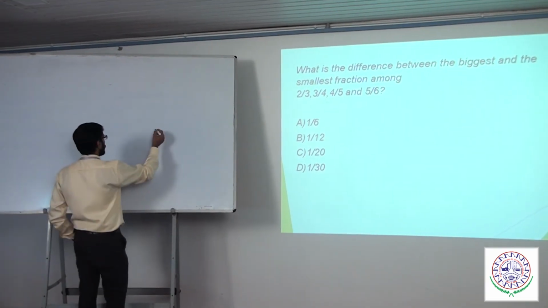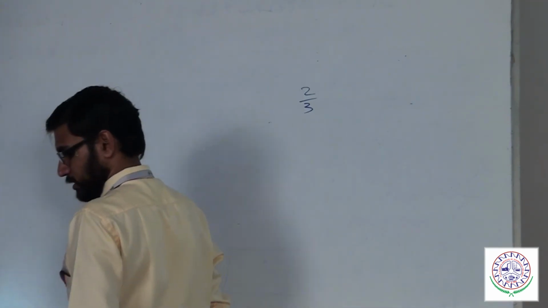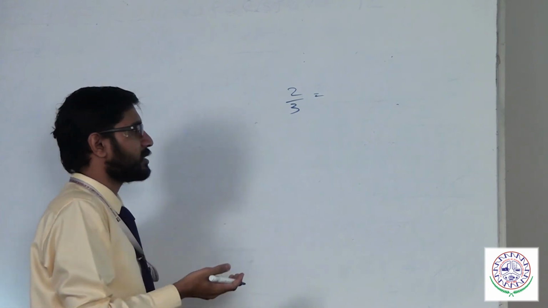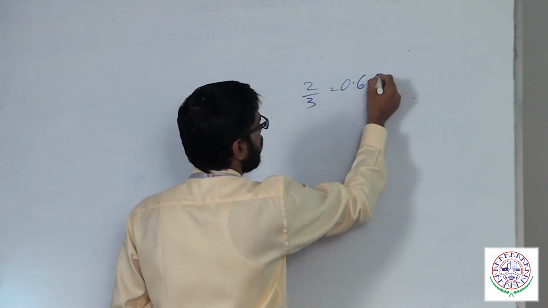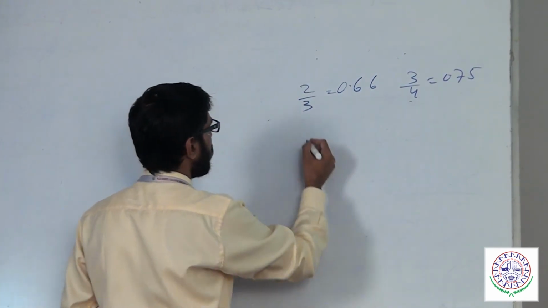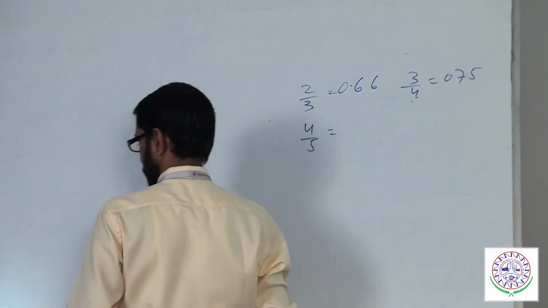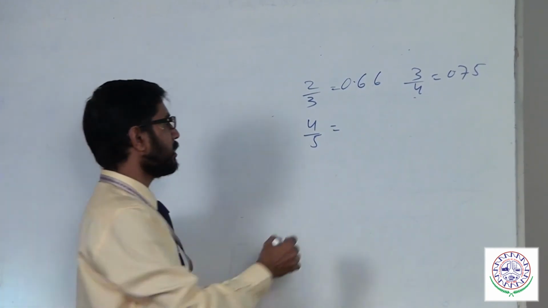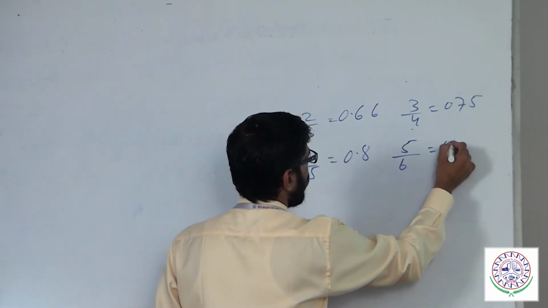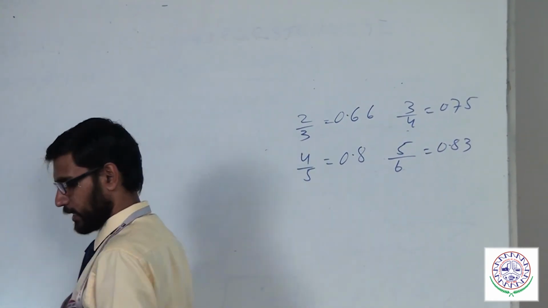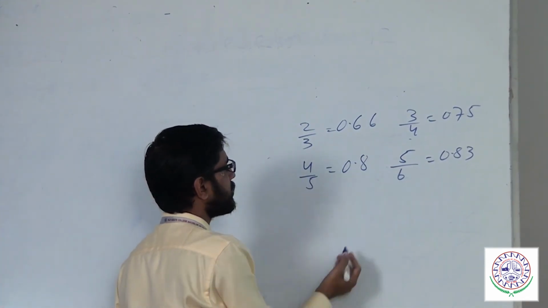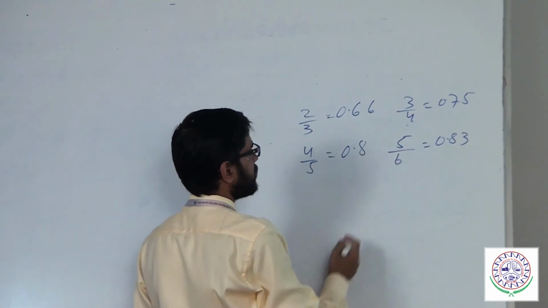If you take 2 by 3, it will be 0.66, because 1 by 3 is 0.33. 3 by 4 will be 0.75, 4 by 5 will be 0.8, and 5 by 6 will be 0.83, or 0.833. So the smallest number is 2 by 3 and the biggest number is 5 by 6.